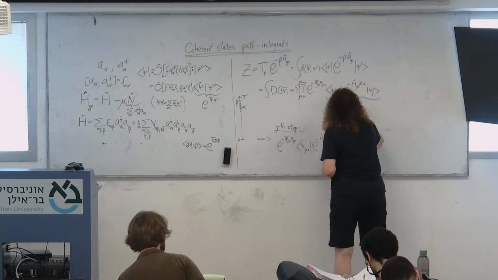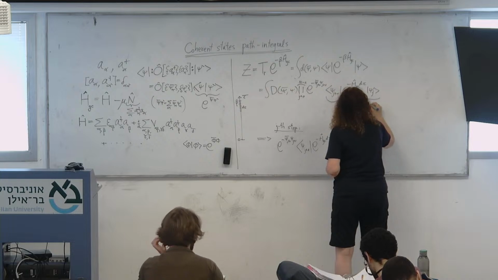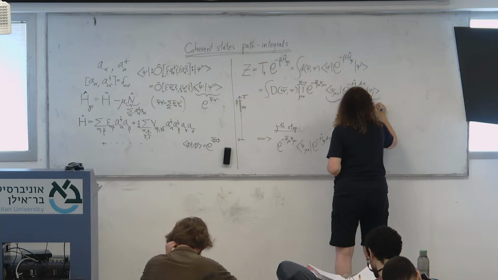It's e to the minus H grand canonical of psi j plus 1 bar and psi j.